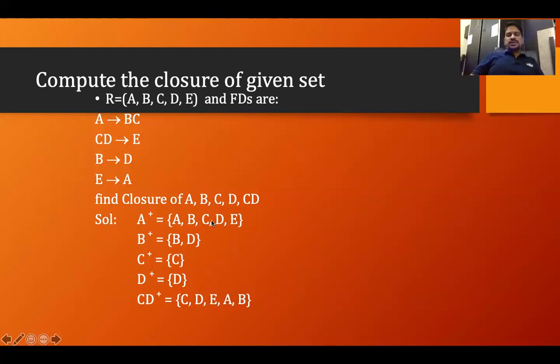Now, the question is, what is the significance or importance of closure? The importance of closure is to find out the candidate key. What is a candidate key? A candidate key is nothing but a set of keys, or set of super keys, which has the property to become the primary key.